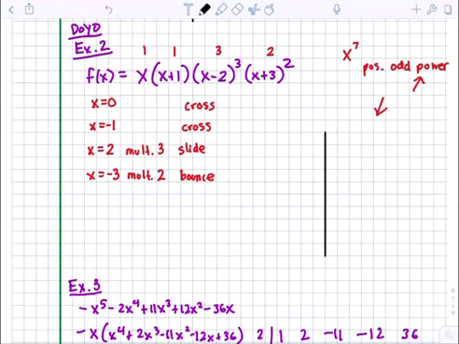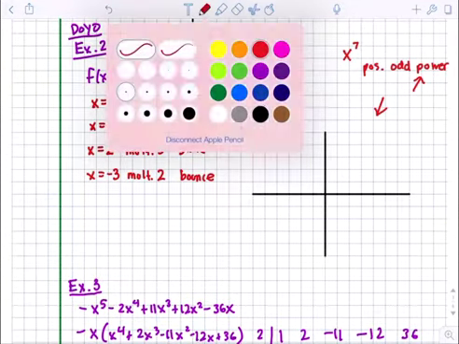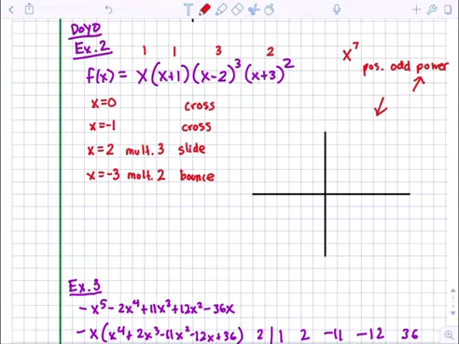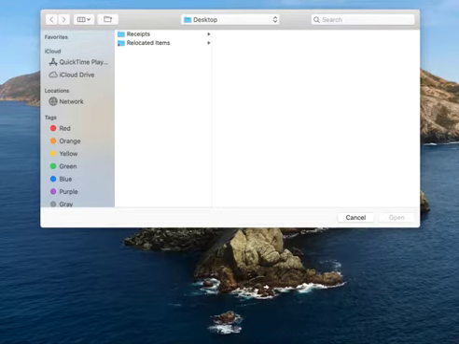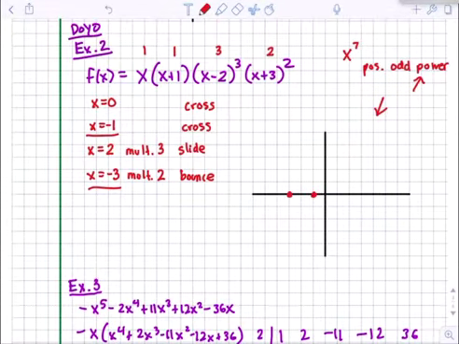So let's get out our graph. I'm first going to write down our zeros. So I see one at -3 coming from there. I see one at -1 coming from there. I see one at 0.